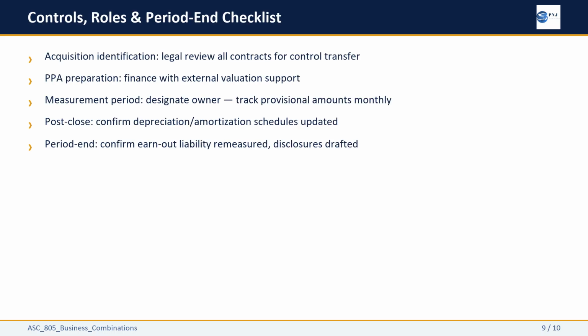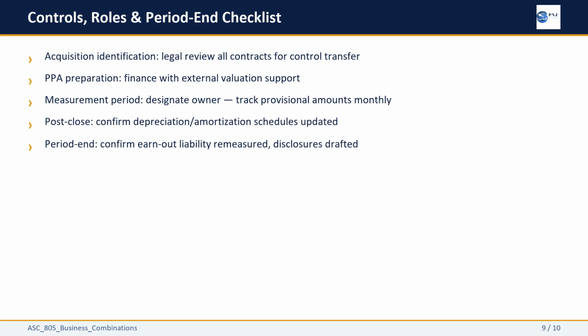Business combination accounting requires clear role assignment and a systematic checklist. For acquisition identification, legal and finance must review all contracts to identify when control transfers and whether the acquired set qualifies as a business. The purchase price allocation is prepared by finance, typically with external valuation support for significant intangibles.